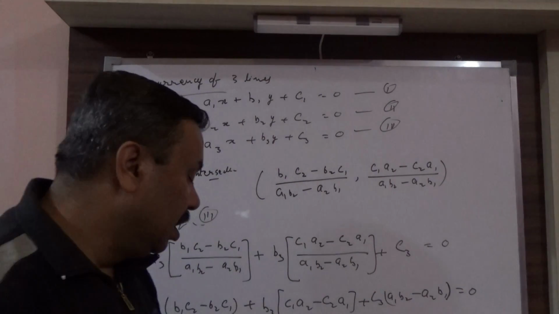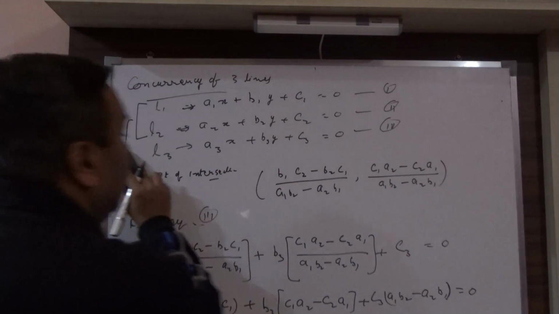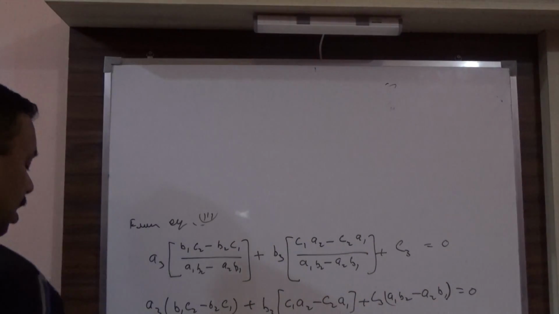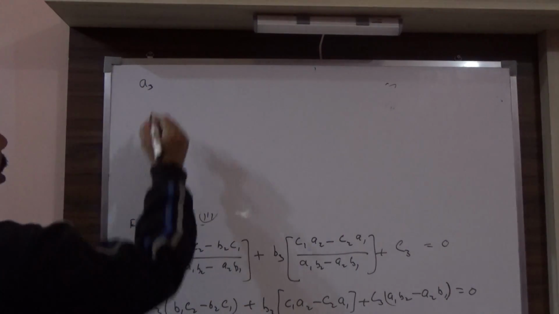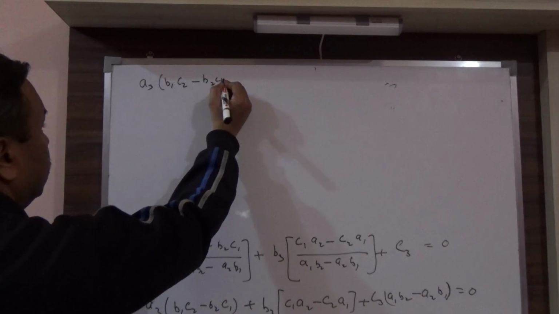Now I will just rearrange and show you how easily you can find out. This will become A3 (B1C2 minus B2C1).